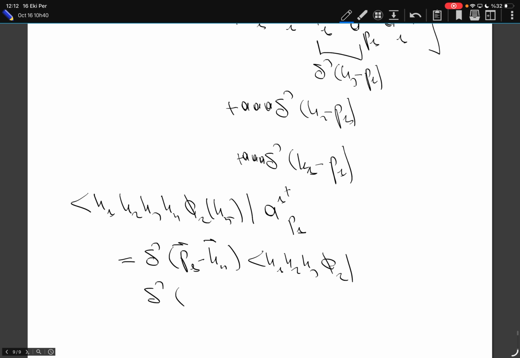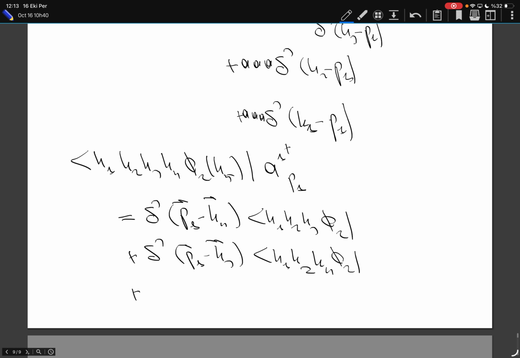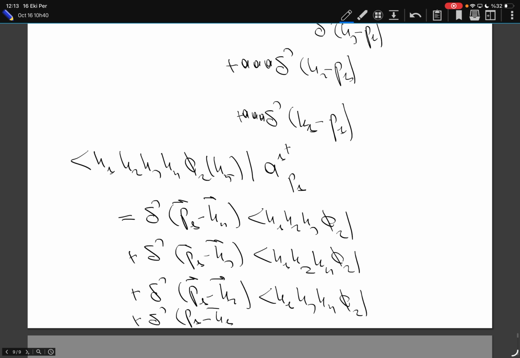Dirac delta P1 minus K3, K1, K2, K4. Dirac delta of P1 minus K2. Dirac delta of P1 minus K1.